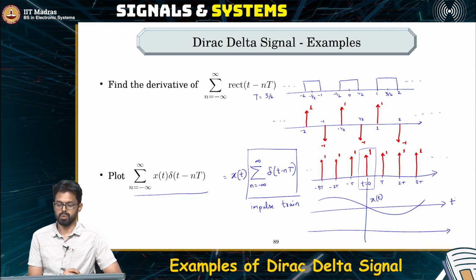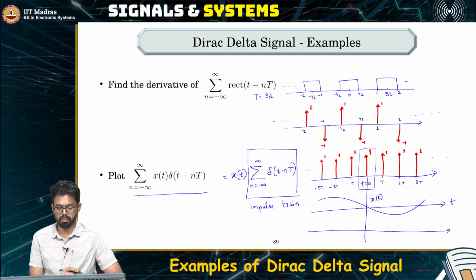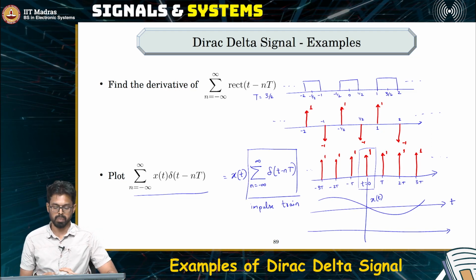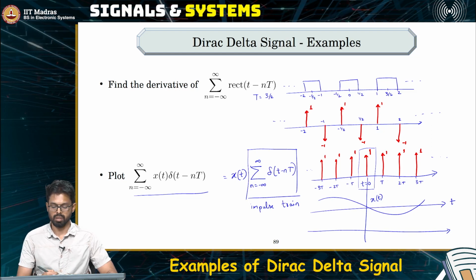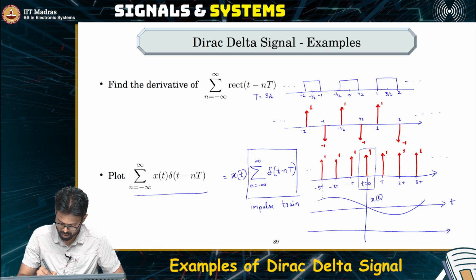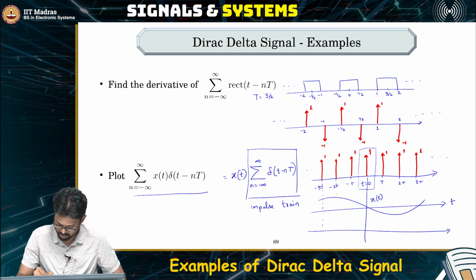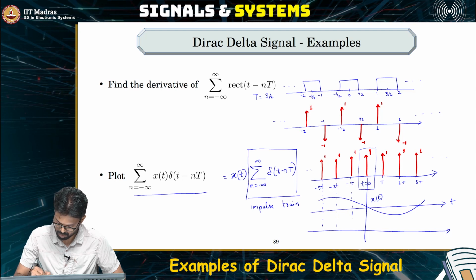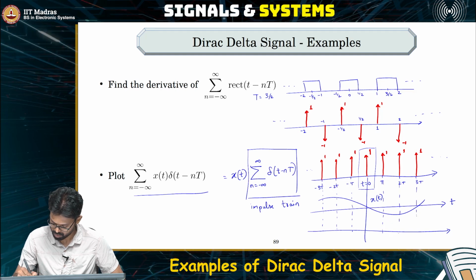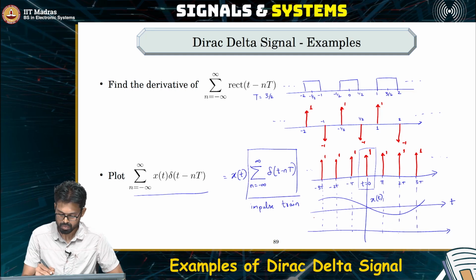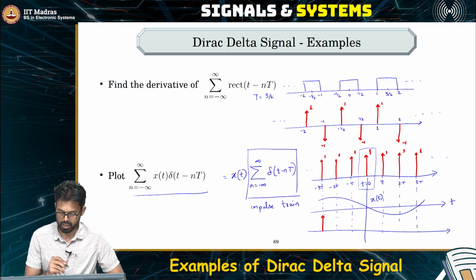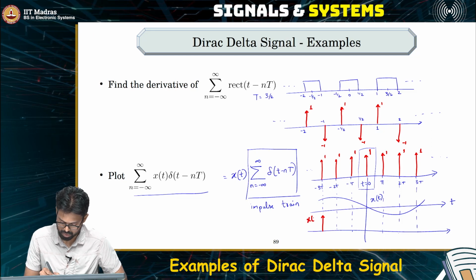Now when you multiply these two, remember what happens when you multiply a function with a Dirac delta function? You just get the Dirac delta function back, but scaled by the value of the function at that particular point. So you get this back at minus 3T, but the area now is x of minus 3T.